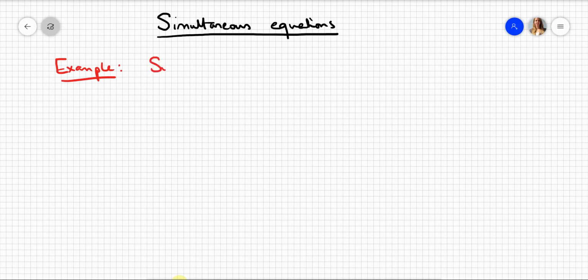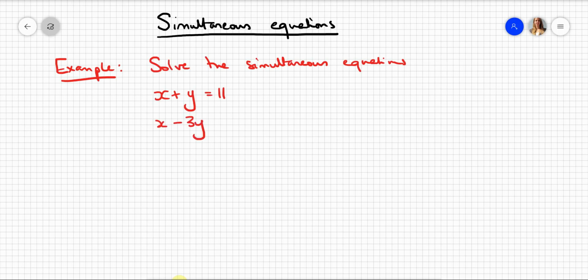We are going to solve the simultaneous equations x plus y equals 11 and x minus 3y equals 7.